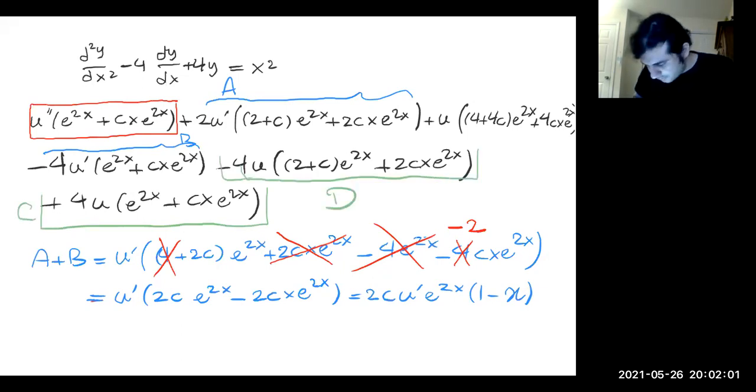Should that be 4? I guess not, because we canceled and there was only 2 here. And then there is 2 here. So I'm assuming, yeah, I'm assuming it's 2. Maybe I'm making another mistake. You can tell me if I'm making a mistake, you can tell me where.